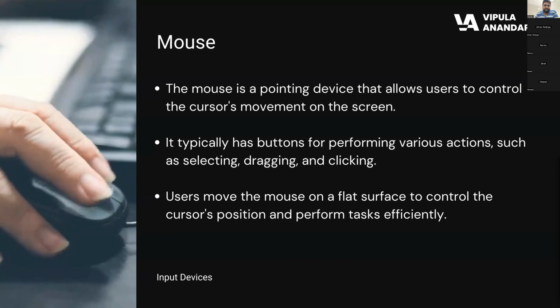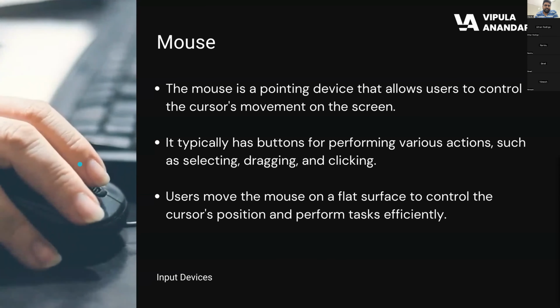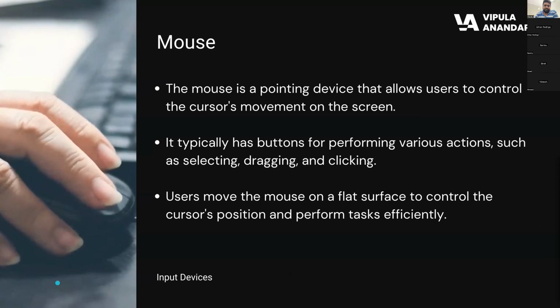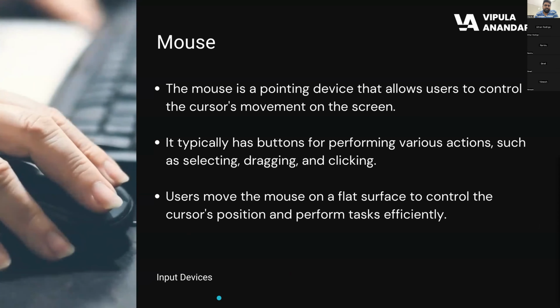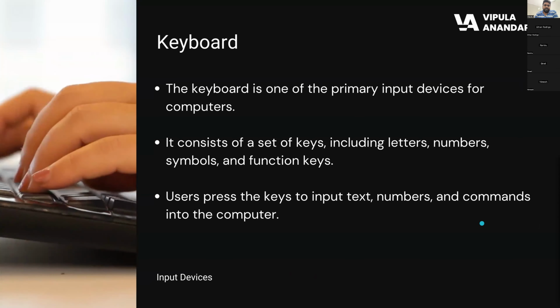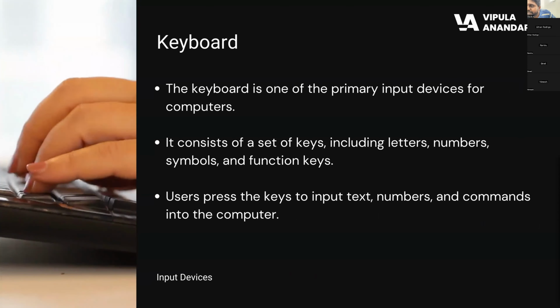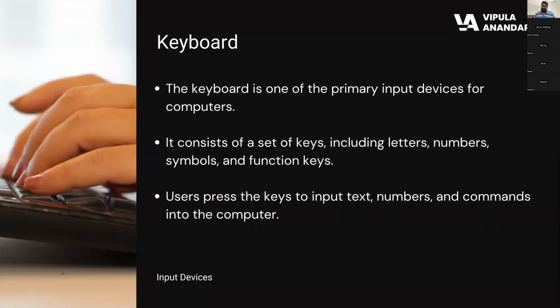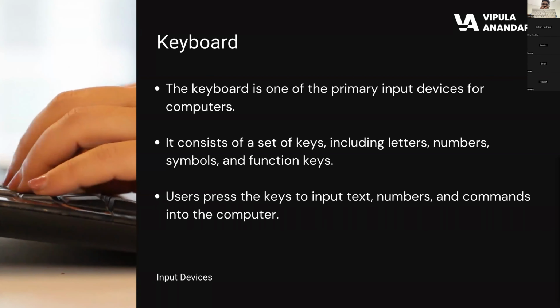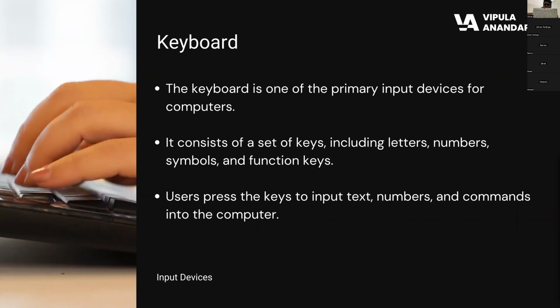If you take the keyboard and how it works, now I'll just show you an example. So I have an Apple keyboard here. So this is called the Apple Magic Keyboard or something.